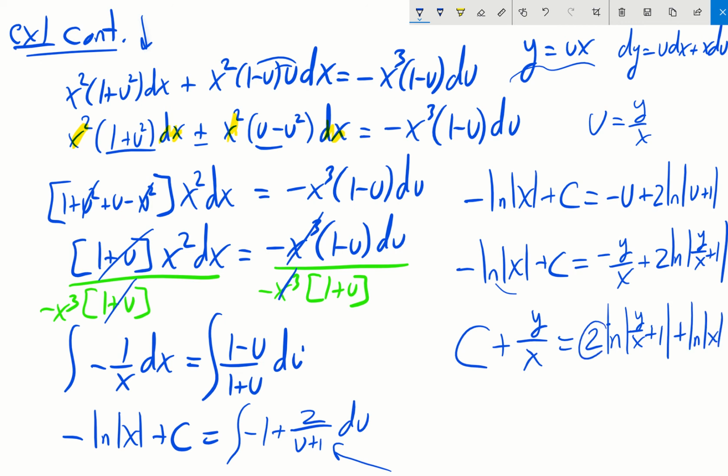Power rule says we can bring this on the inside. So we have now c plus y over x is equal to the natural log of the absolute value of y over x plus 1 squared plus the natural log of the absolute value of x. So let's make some more room over here.